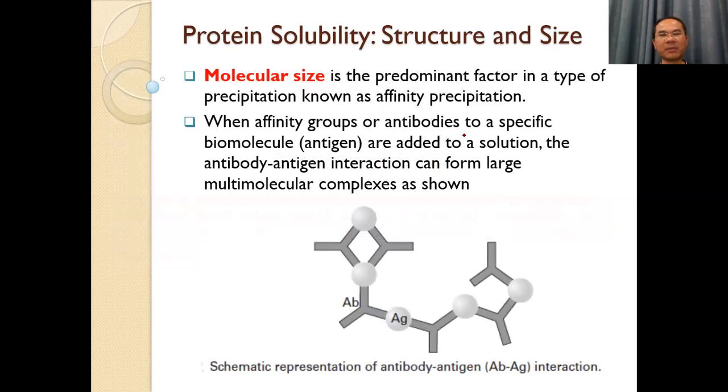Molecular size is also a factor in a type of precipitation, affinity precipitation.